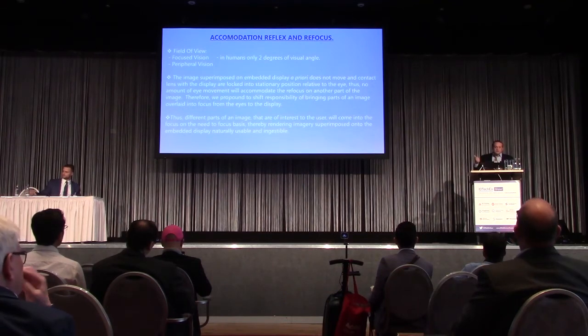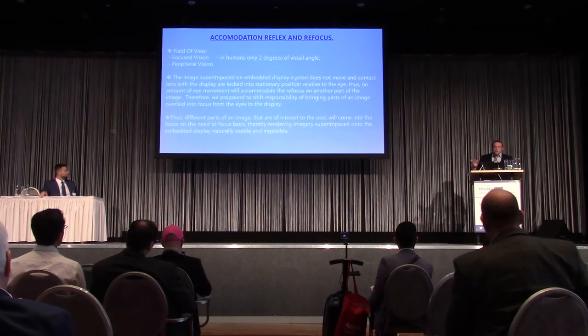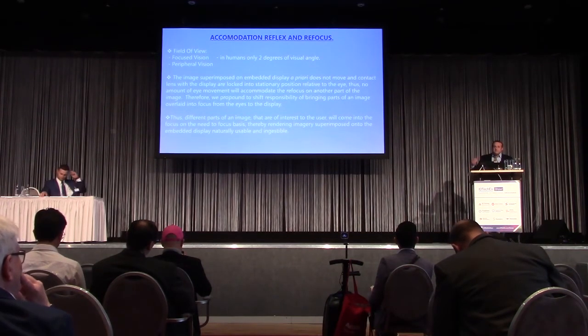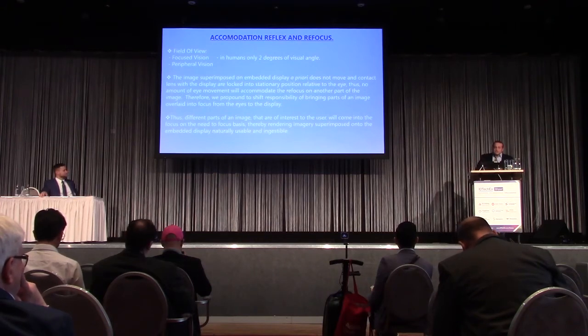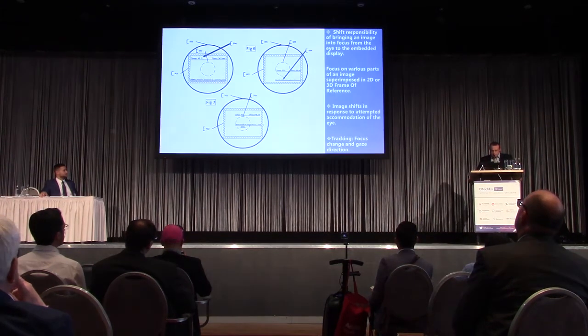The change of focus is going to be a detectable event, and we need to track it, and then we need to track the change of the vector of the gaze. We need to constantly monitor where our eyes move. The combination of the two will allow us to track attempted accommodation and correlate it to the disposition of an image in the display. I'm going to demonstrate it with the following example.